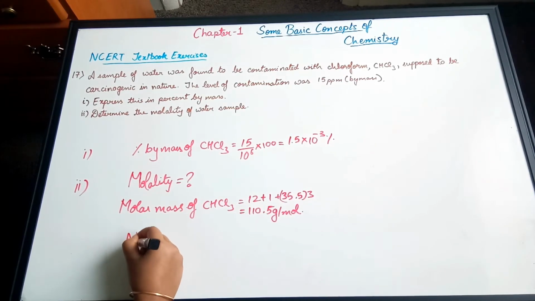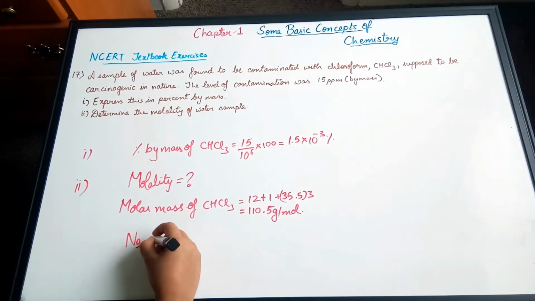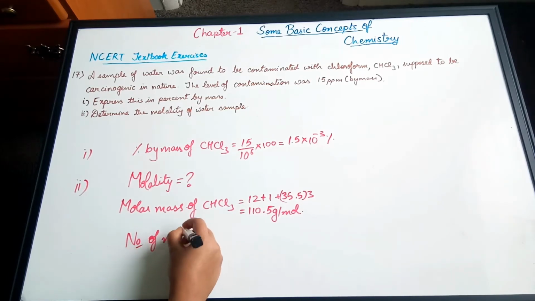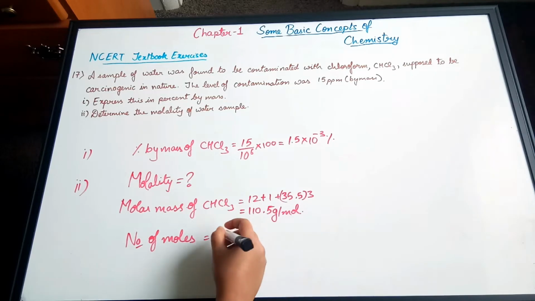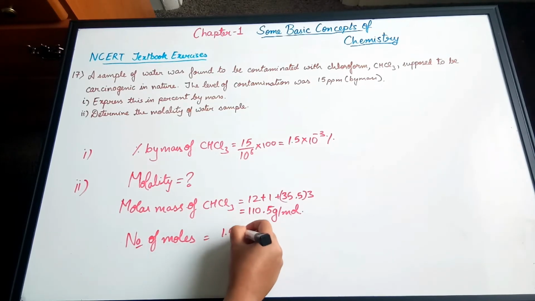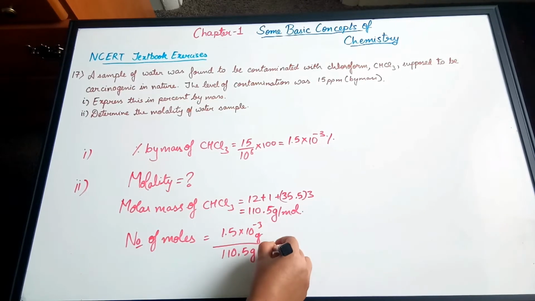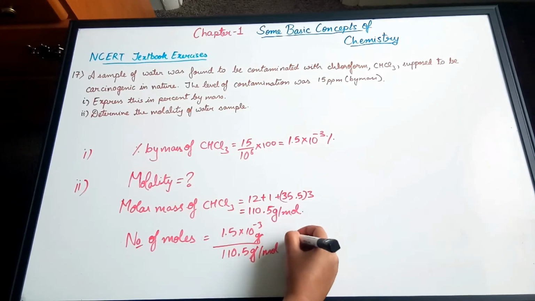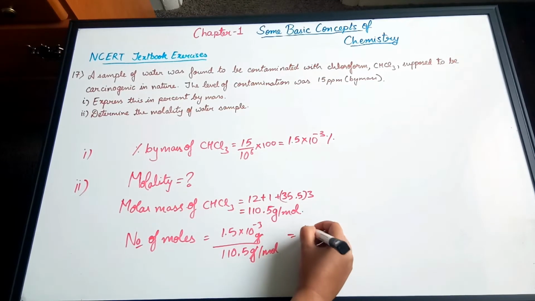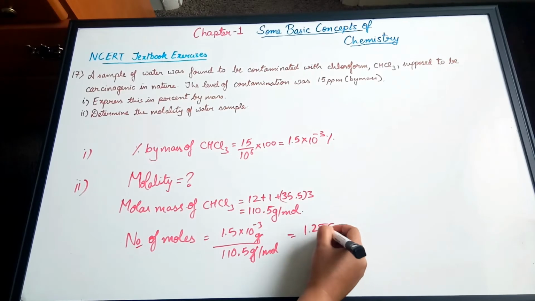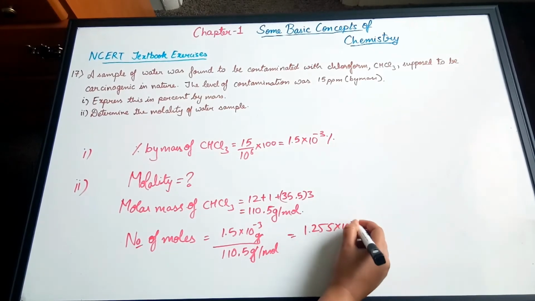So the number of moles will be equal to 1.5 into 10 to the power minus 3 divided by 110.5 grams per mole. So grams will get cancelled, and we get 1.255 into 10 to the power minus 5 mole.